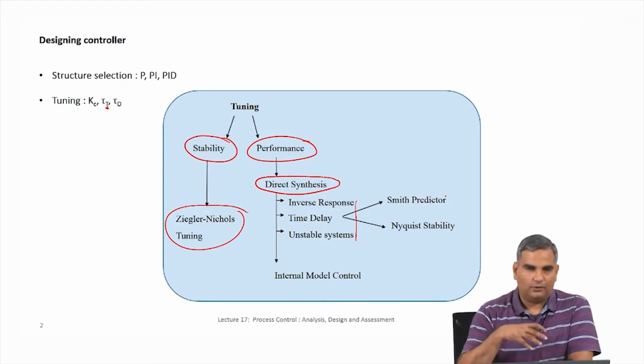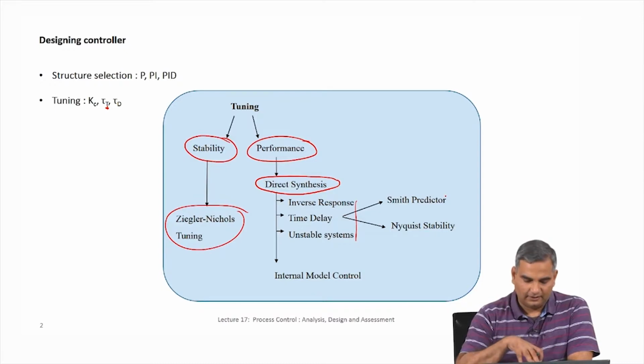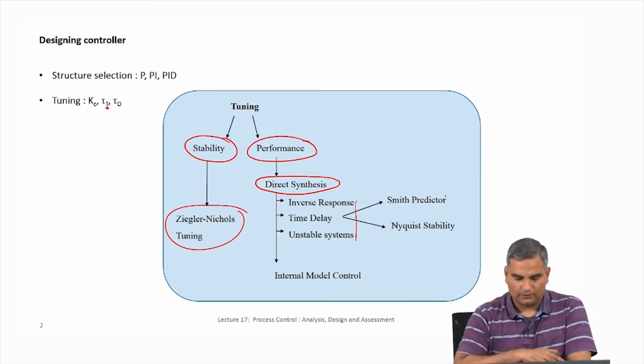After that I am going to spend about 1/4 of the course, which is about 3 weeks, on looking at a little more advanced ideas in even the single input single output case, in terms of what are inverse response systems, how do you tune and so on, all the way up to what is called internal model control. And then we will also talk about multivariable control and model predictive control. That will be the next 3 weeks. And the last 3 weeks is really on how you actually look at the performance of the controllers once they are tuned.